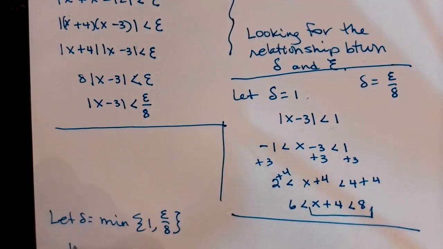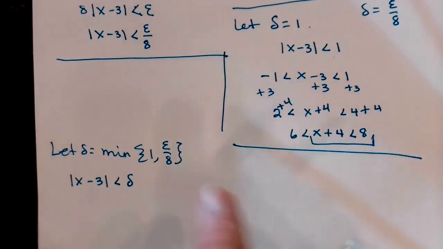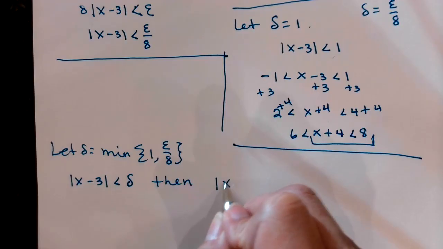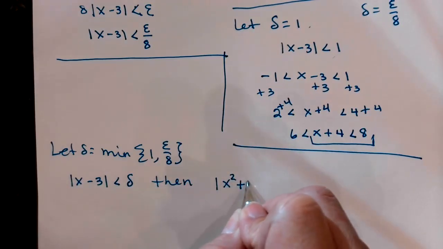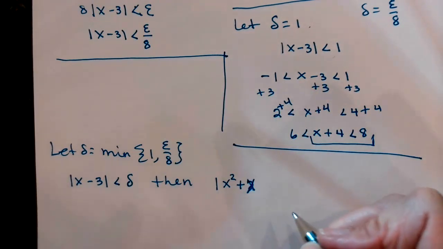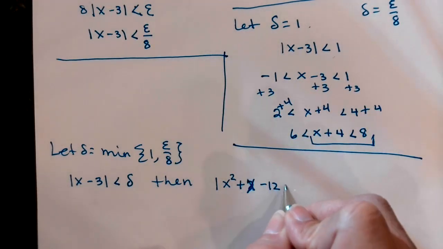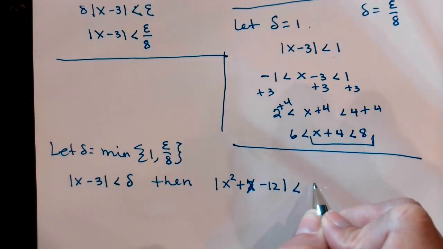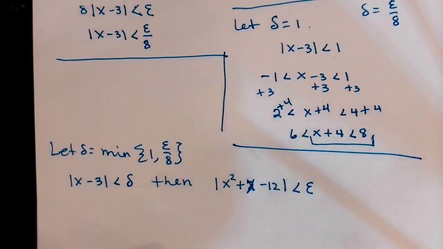We can show that if |x - 3| is less than delta, either 1 or epsilon over 8, whichever one is smaller, then our function, x squared plus x, minus L is going to be less than epsilon.